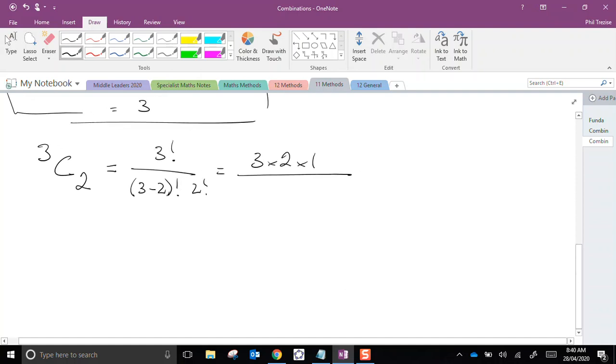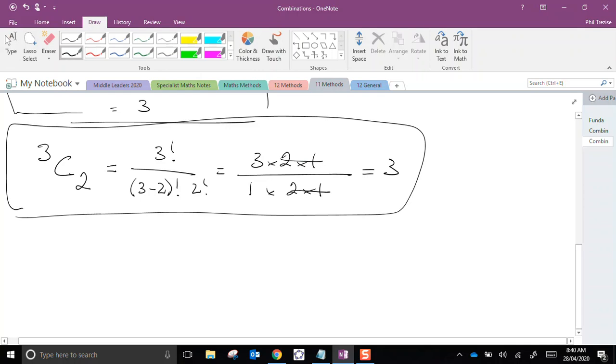Now 3 take 2 is 1 factorial, which is 1, and 2 factorial is 2 by 1. Again, the 2 and the 1 cancel, and I end up with the answer 3. So to say in words what this means, when I have 3 people available, and I need to choose 2 of them, there are 3 ways to do this.